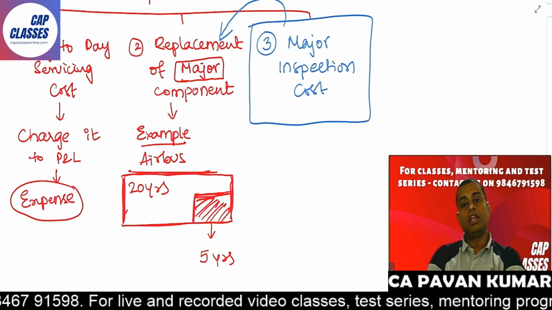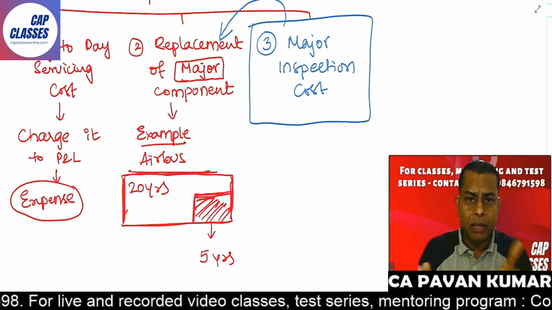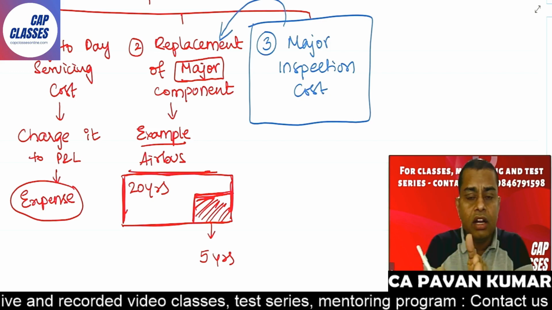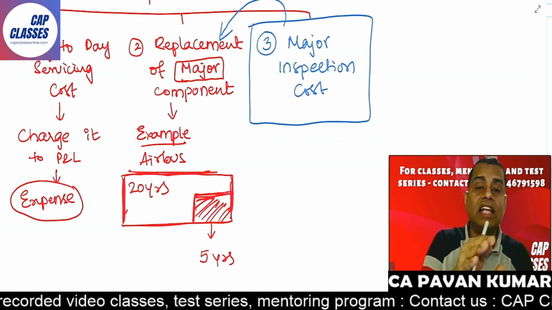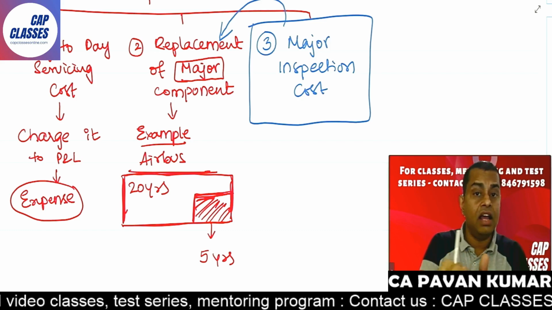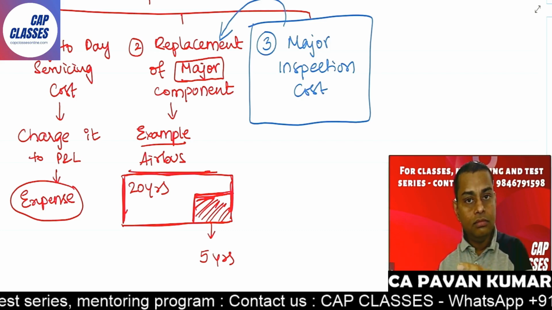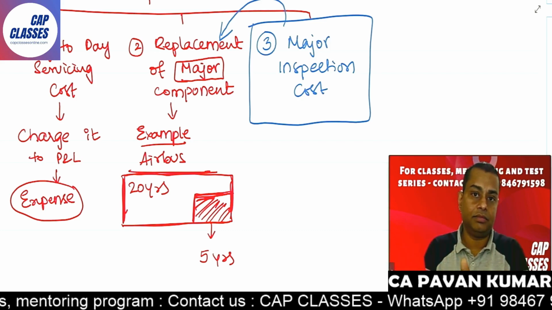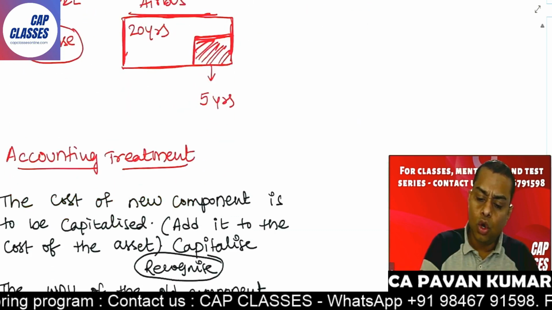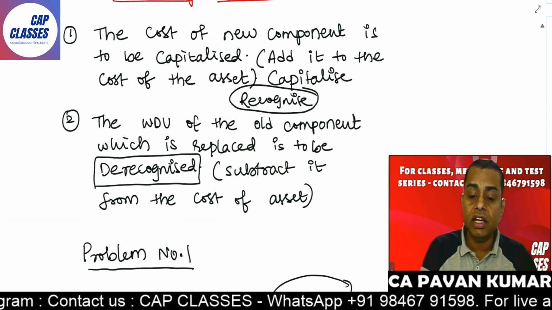That's all. That means the cost of the new component is recognized as a part of the asset, and the written down value of the old component is de-recognized, subtracted. Same. You remember this accounting treatment we discussed in the previous session.